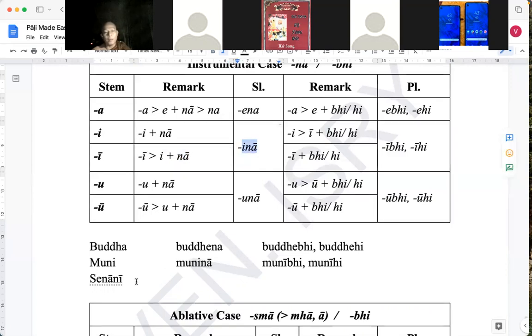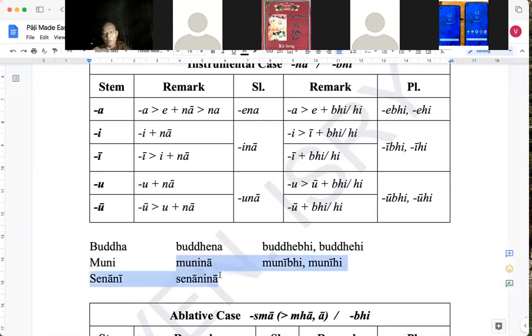So Senani Na, the same as Muni Na, you see. Even though in stem they are different, long E or short E, but in singular form, Muni Na, Senani Na, just E Na.